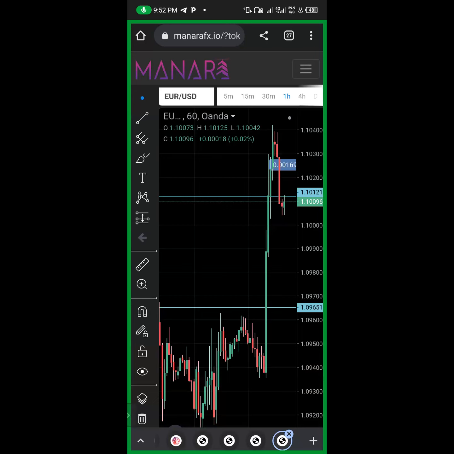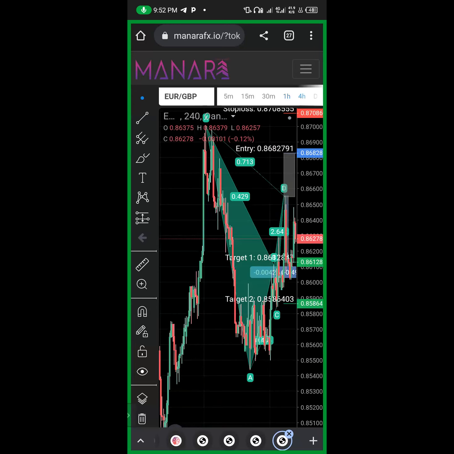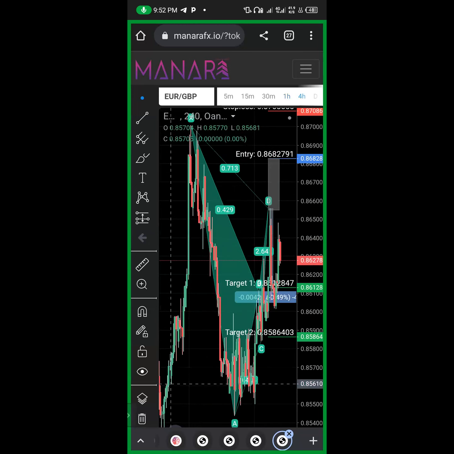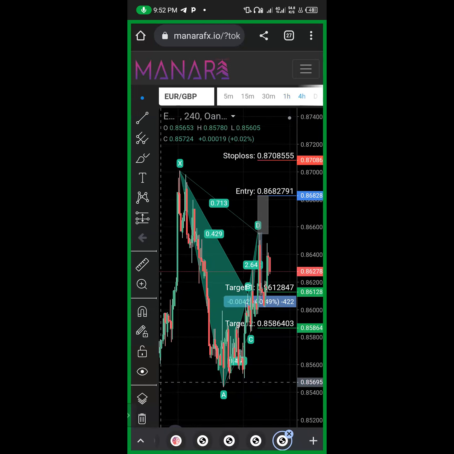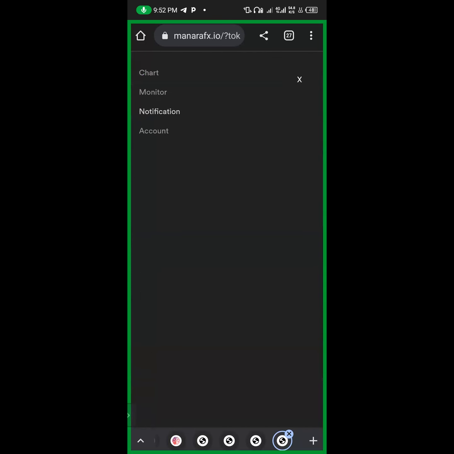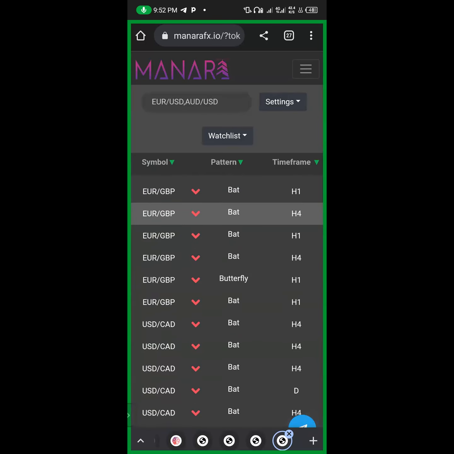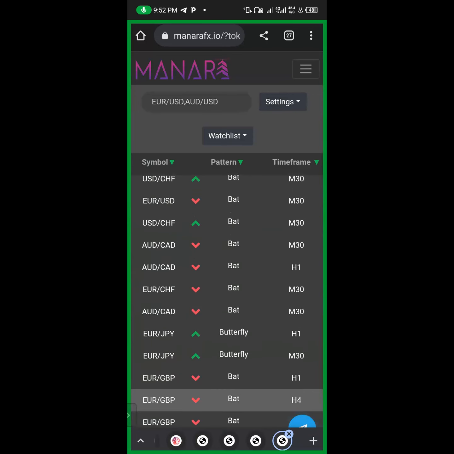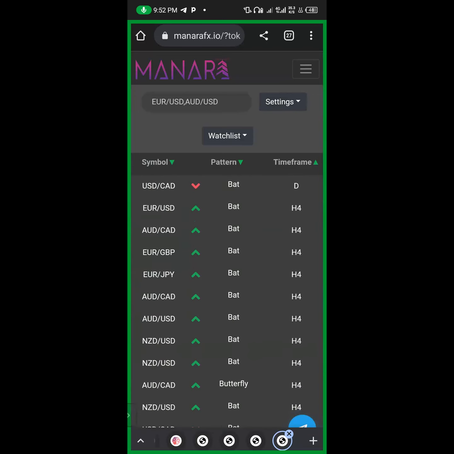Look at H4 and daily, always profitable. They hardly hit stop loss. I'm not saying that all the 4 hours are perfect. But you see 4 hour daily. Let me just show you. Let's just do it this way. This is daily USD CAD.